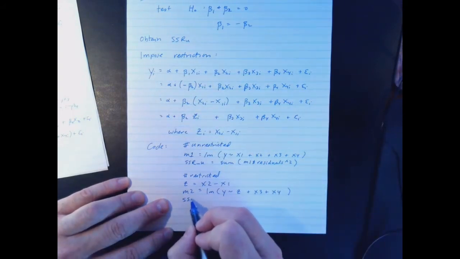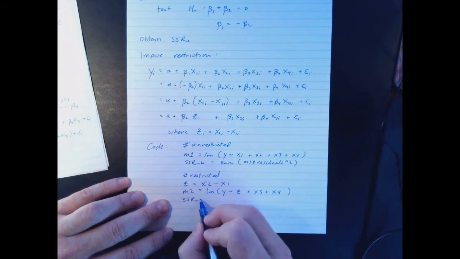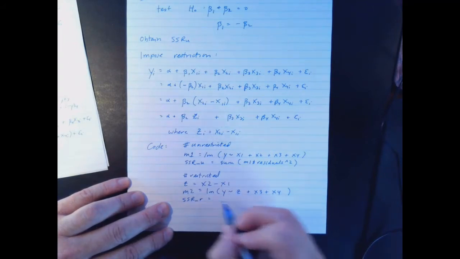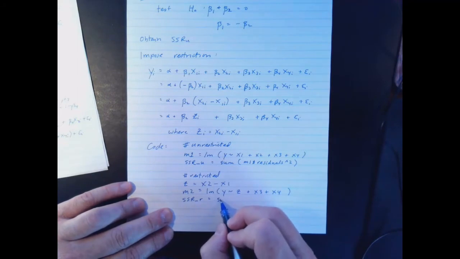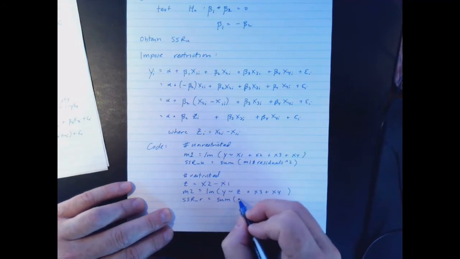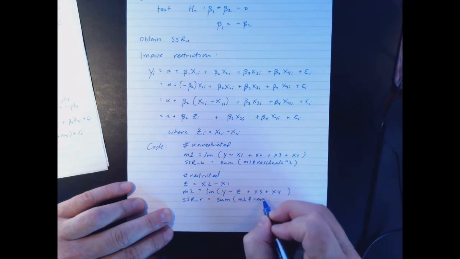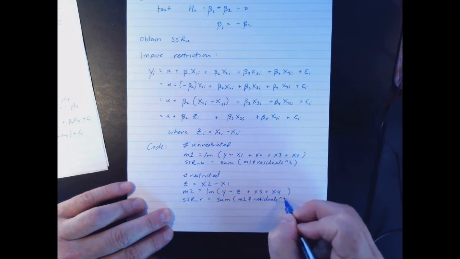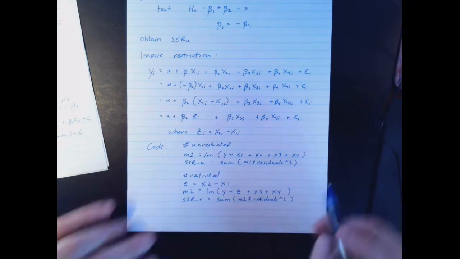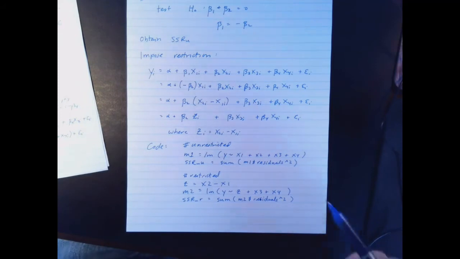And now the sum of the squared residuals from the restricted model will be the sum of the residuals squared. Take the sum of that.